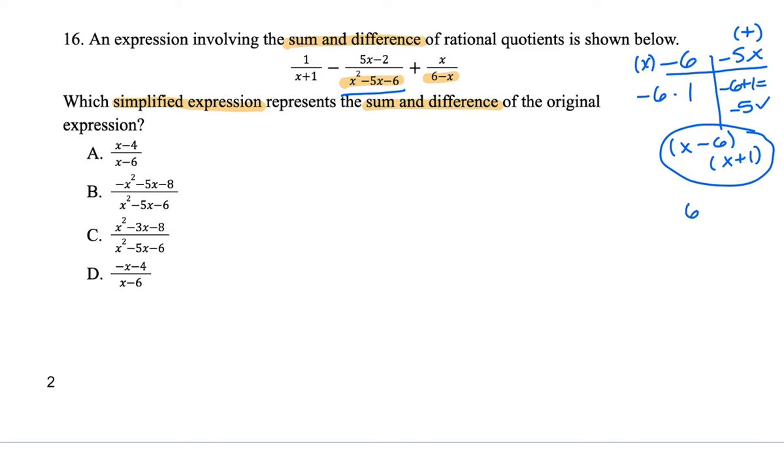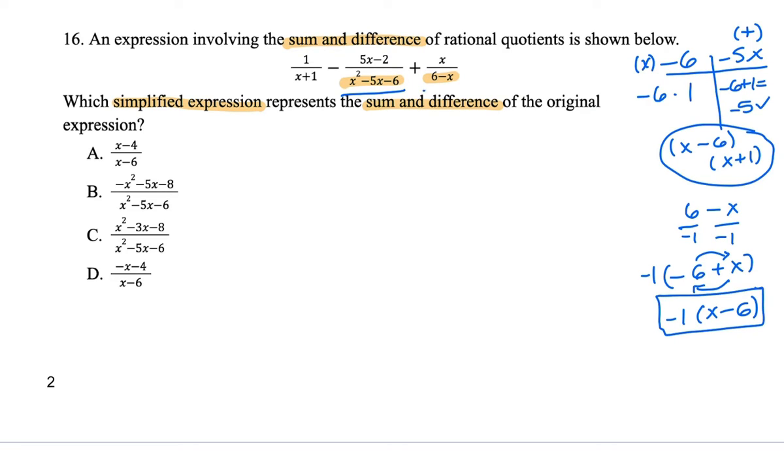Now for the 6 minus x, like I said, I'm going to factor out a -1, basically divide by a -1, which is then going to leave me with -6 plus x in parentheses with a -1 on the outside. Now, the other thing that I'm going to do is rearrange the order because I want the x to be first and the number to be last. So I'm going to have -1 times x minus 6. So instead of writing 6 minus x, I'm going to be writing -1 times x minus 6.